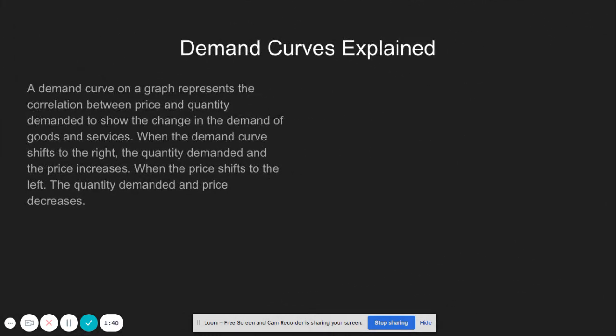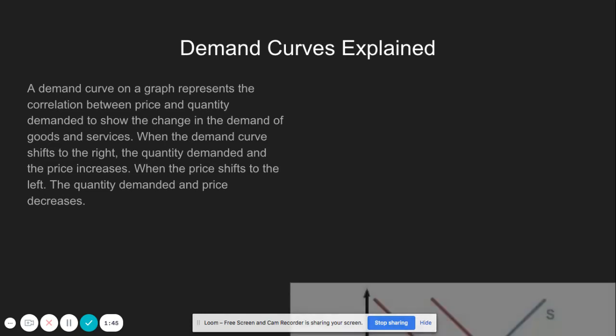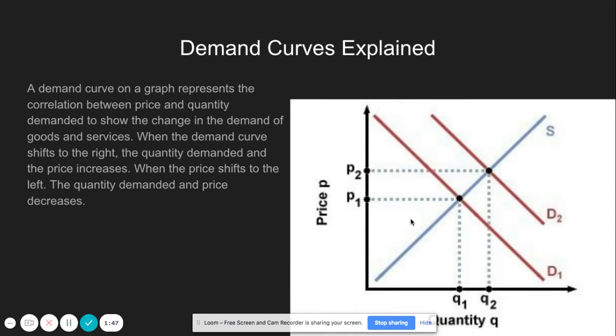Now, for demand curves, it's kind of similar, but also kind of different. In this example, the D obviously is demand, and the S is supply, sorry. So it has the same kind of correlation, the price vertically and the quantity horizontally. But this is for demand, what people want.